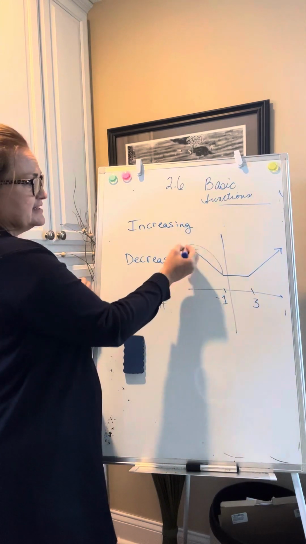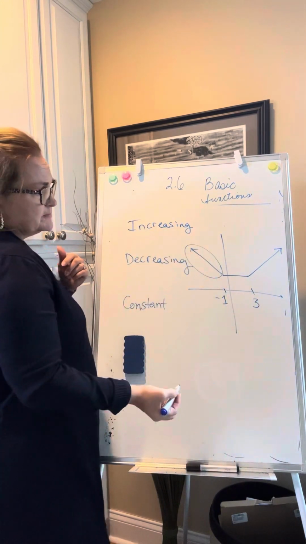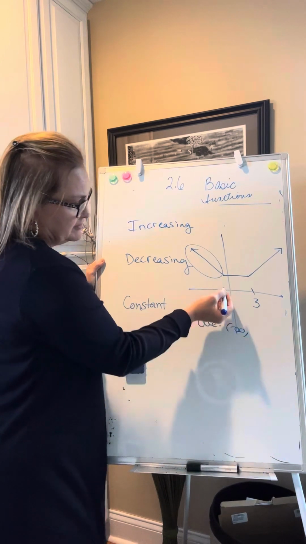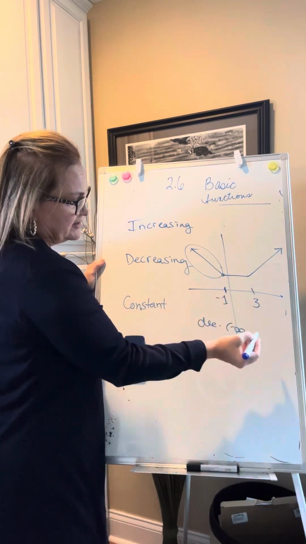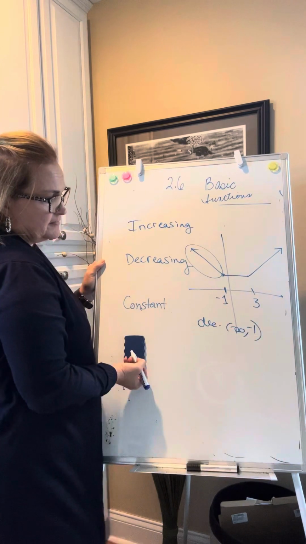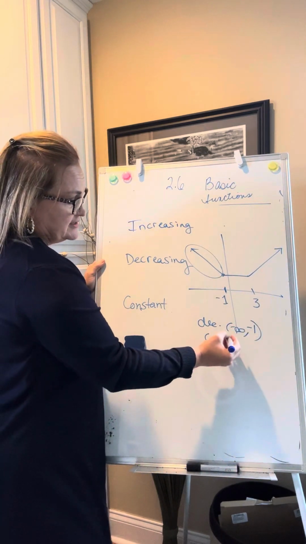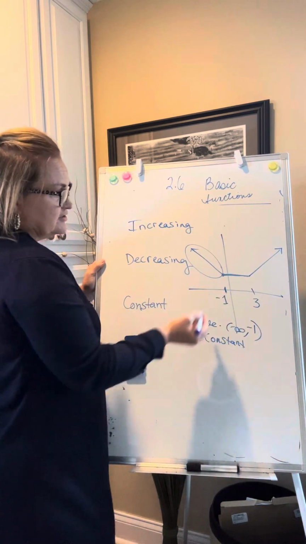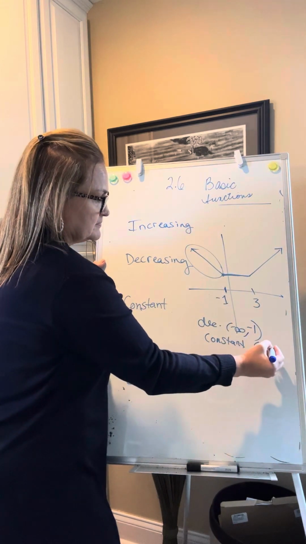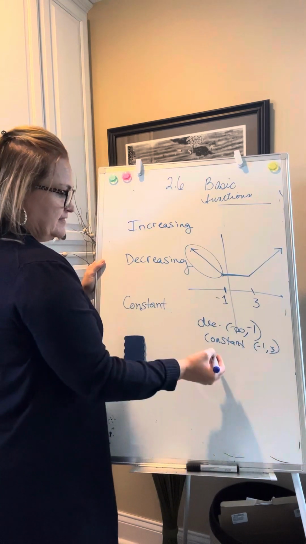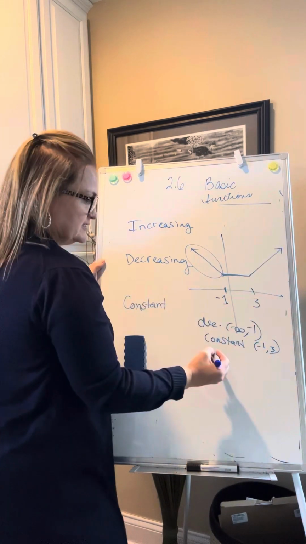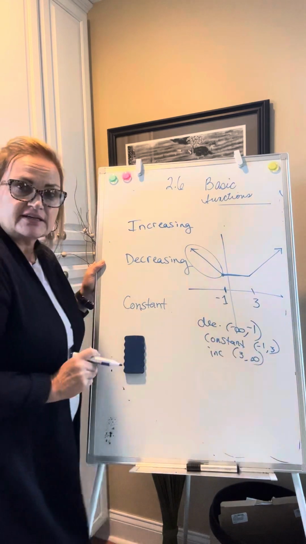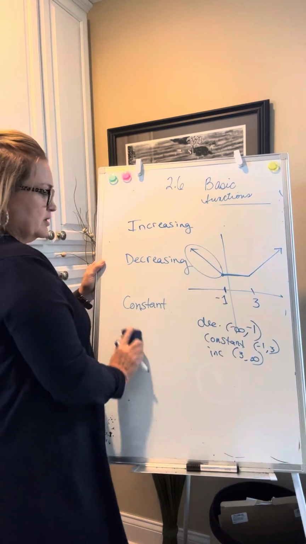We would say this part has a negative slope, so it is decreasing from negative infinity up to this x value where it turns around at -1. Then it's constant. Constant means it's a 0 slope, flat, from -1 to 3. And then this is where it's definitely a positive slope, so it's an increasing part of the graph from 3 to infinity.